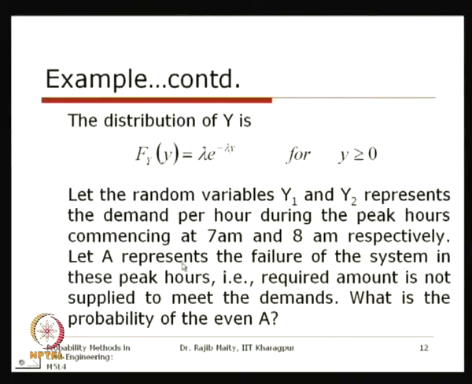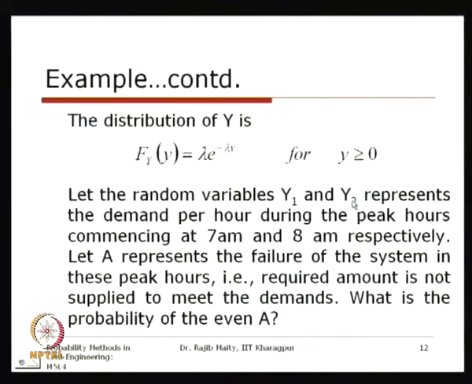Now, let A represent the failure of the system in these peak hours, that is, the required amount of water is not supplied to meet the demands. The question is, what is the probability of event A? During these peak hours, that means 7 to 8 and 8 to 9, whatever the demand is, that is y1 and y2, the required supply is not there.